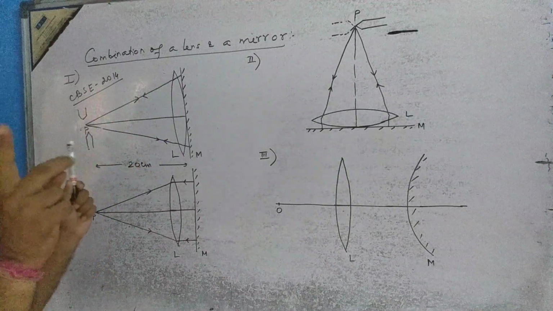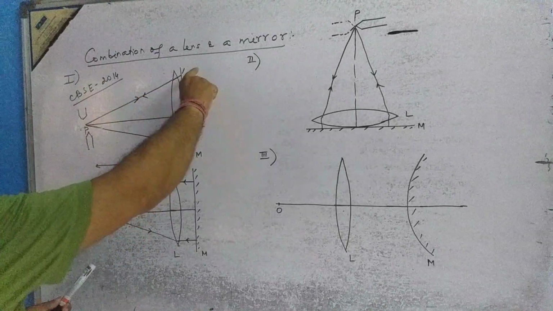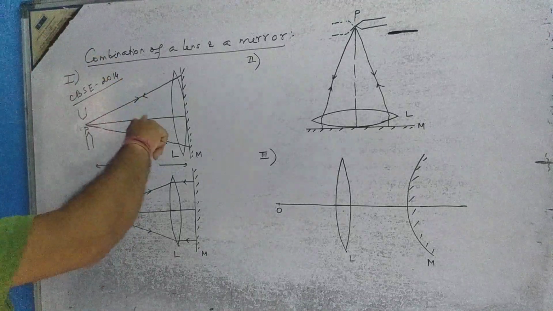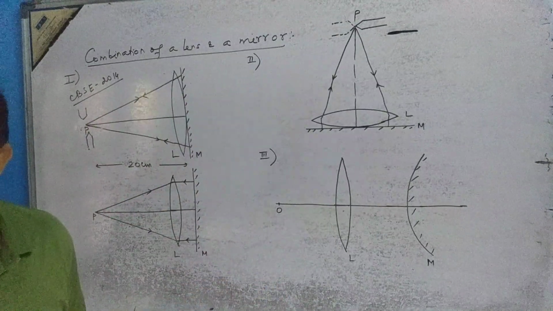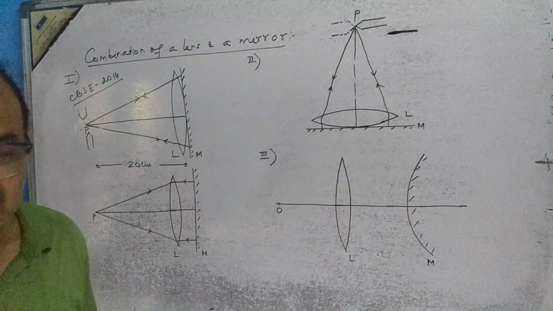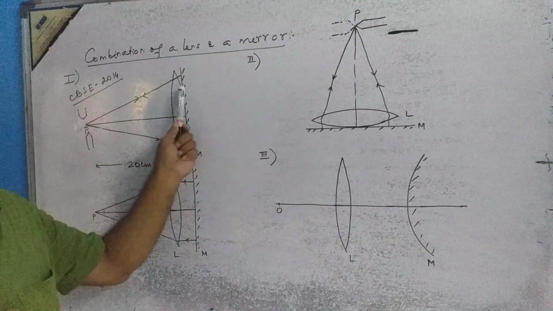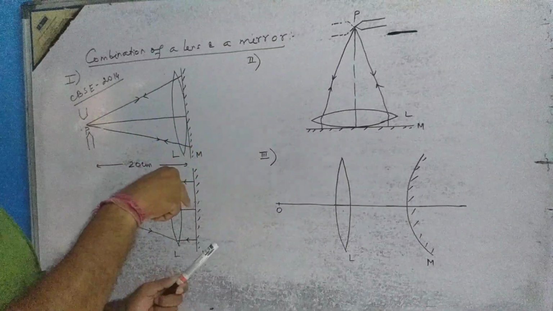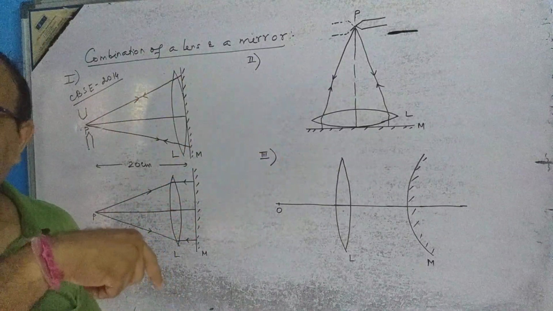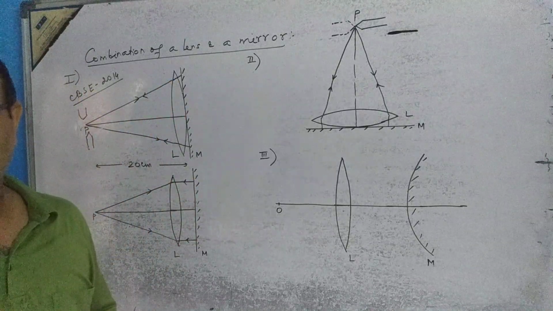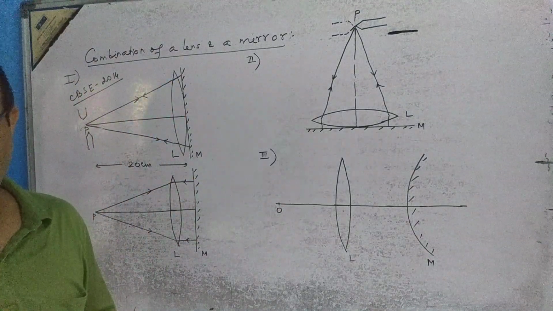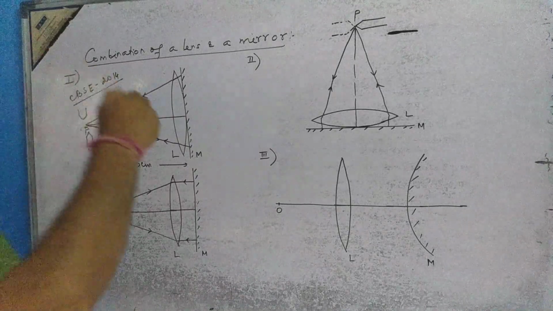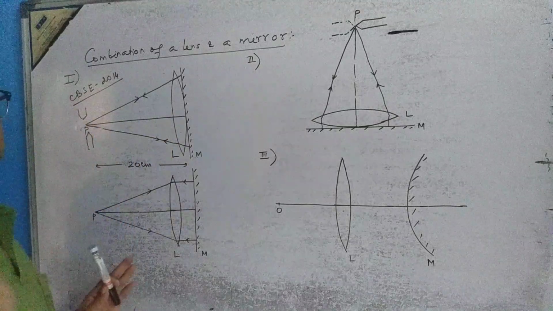The ray from the object will go, and first refraction through the lens, then reflection by the mirror, and again finally refraction by the lens, and it is coming here.